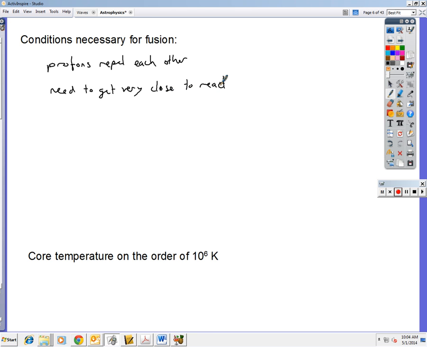And the way you get things that are strongly repulsive to get really close is you have to shoot them at each other at extremely high speeds. And so for this reaction to occur, you need high kinetic energy. And well, we know that average kinetic energy of a gas is related to its temperature.